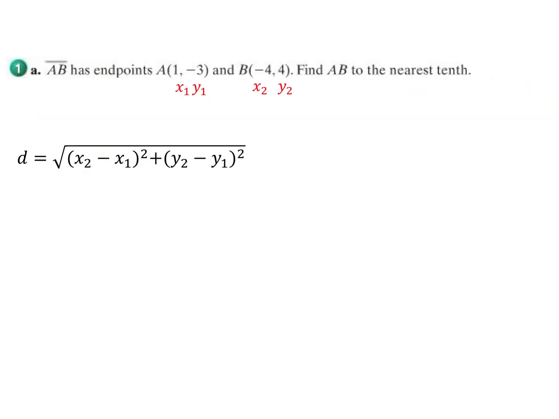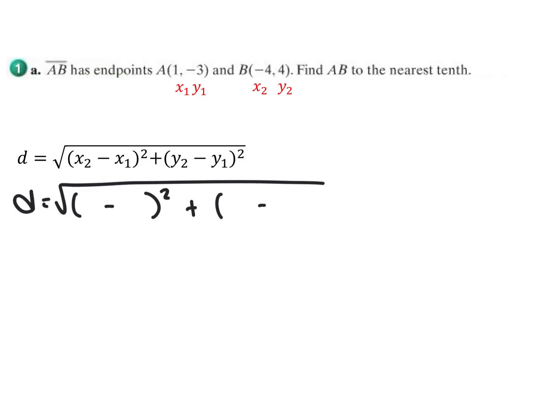Again, if I call the first point x1, y1, and the second one x2, y2, the distance formula equals the square root of x2 minus x1 squared plus y2 minus y1 squared. So if I fill in, x2 is -4, minus x1 which is 1, and y2 is 4, minus y1 which is -3.